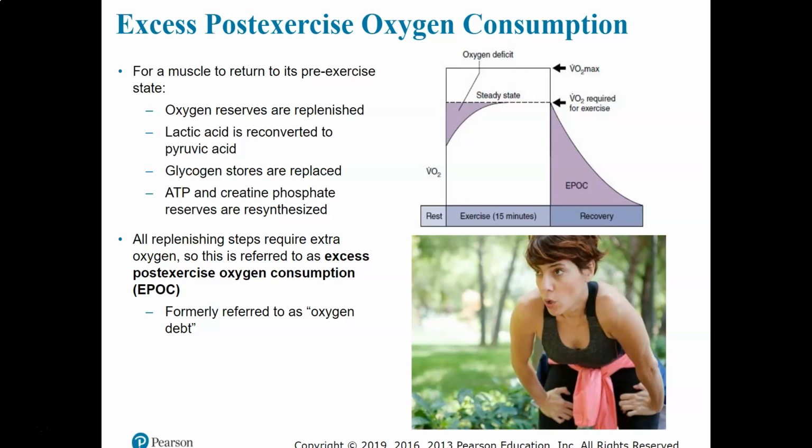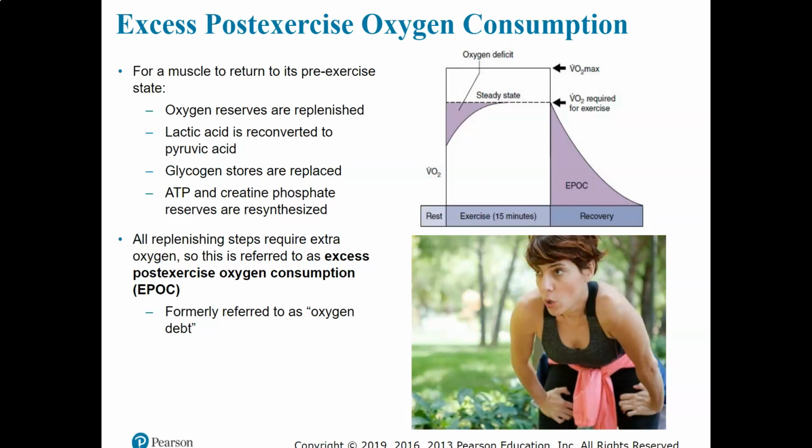So, for example, the oxygen reserves in our muscles. Our muscles have that protein called myoglobin, which ends up as an oxygen reserve. After exercise, that oxygen can get depleted and we need to replace it. That requires more than our normal amount of oxygen.